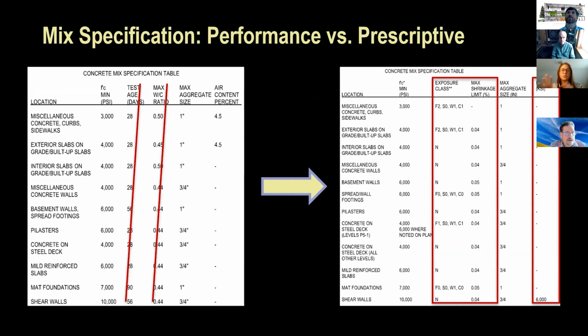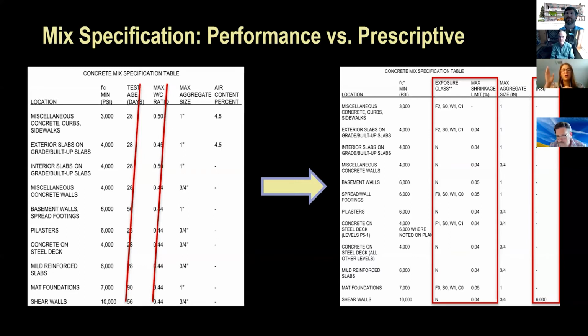But for our performance method, we're trying to strip some of those requirements out. And a lot of that has to do with, we are asking the supplier to come with a mix that meets the performance criteria, rather than us just putting out, you must have this water to cement ratio, for example.